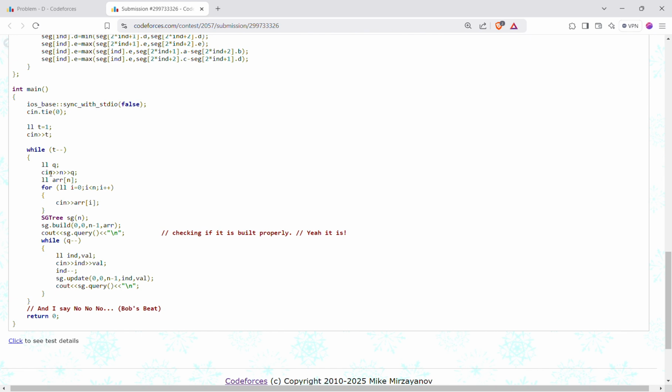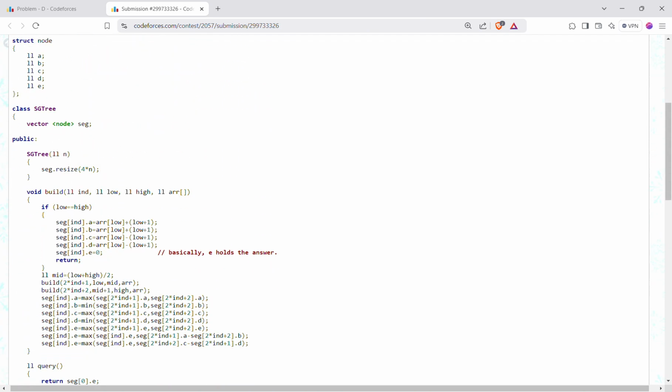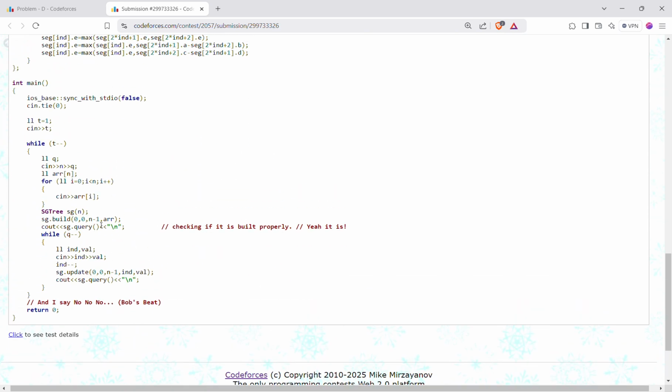Inputting n, inputting q, taking the input in the array, and initializing this segment tree with n. It just resizes it to 4 star n. It is the theory of segment tree that you won't need more than 4 into n nodes to build, do updates and get the answer.